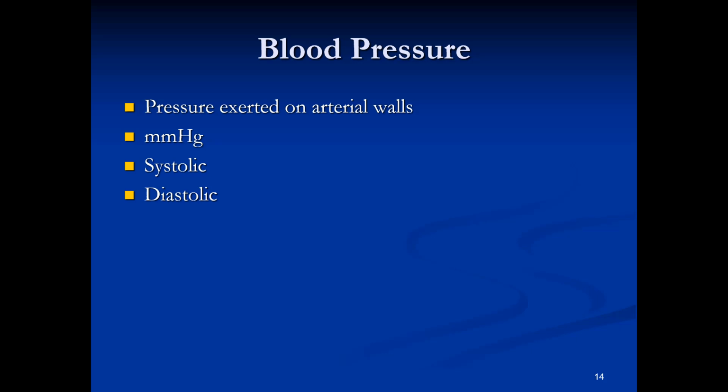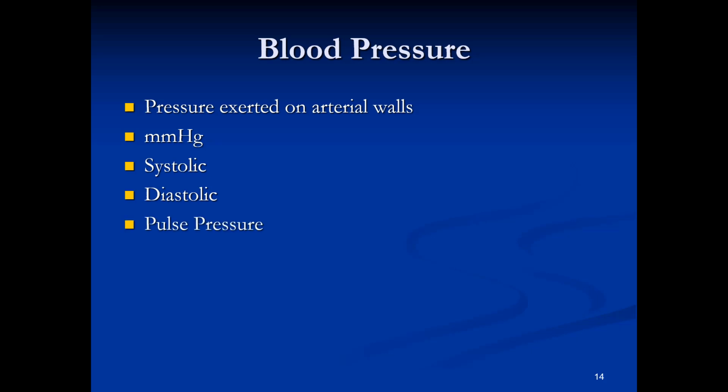So every time your heart beats, you actually get a systolic and diastolic blood pressure. But when you go to, let's say, the physician's office and they measure your blood pressure, what you're actually getting is an average of the systolic and diastolic pressures. So just to say it again, systolic is the pressure when the heart is contracting, diastolic is the pressure when the heart is relaxing, and it's constantly fluctuating between the two.